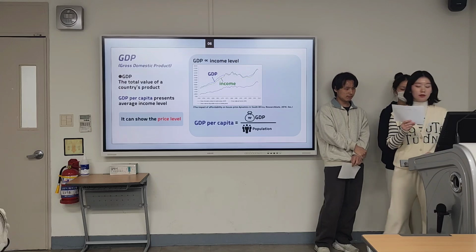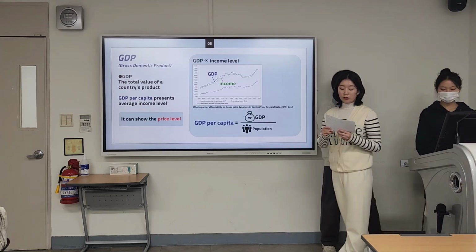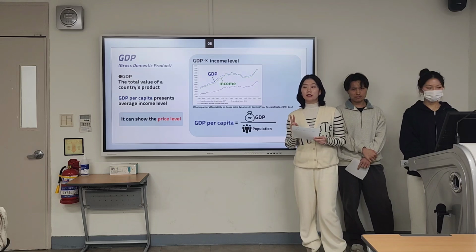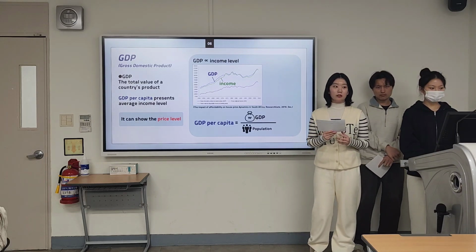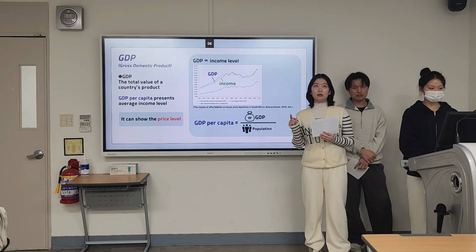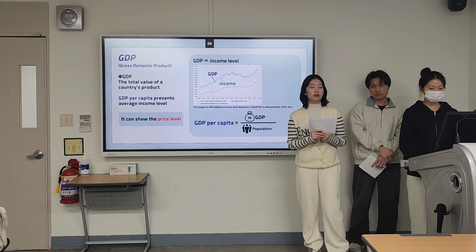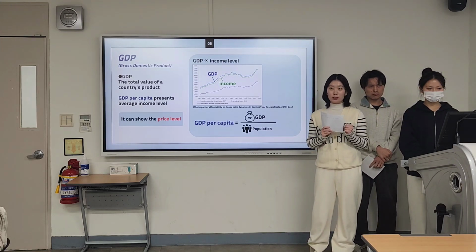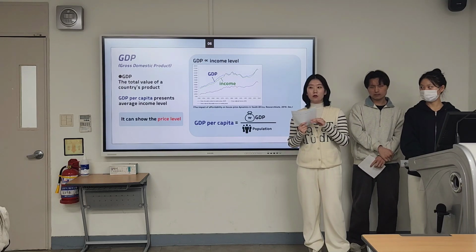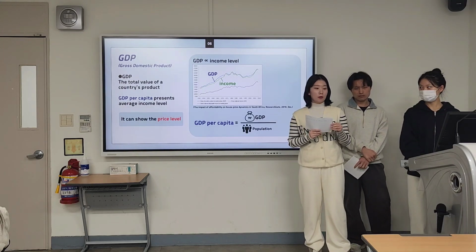Okay, after CPI, I'm going to explain the second indicator, GDP. GDP stands for gross domestic product, which is the value of all goods and services produced in a country over a period of time.